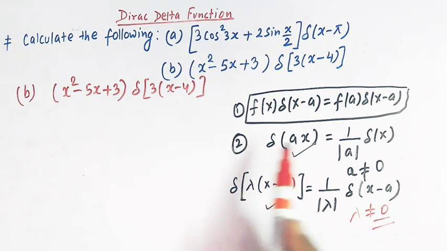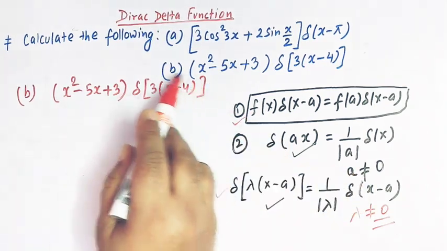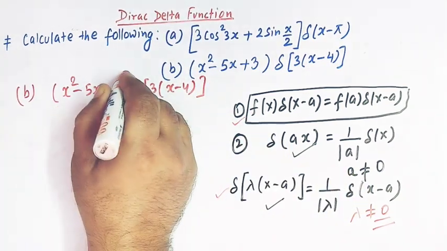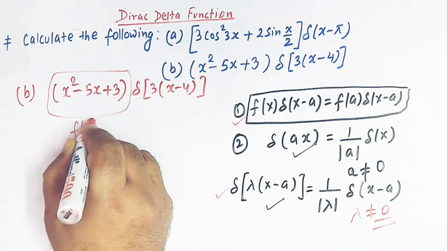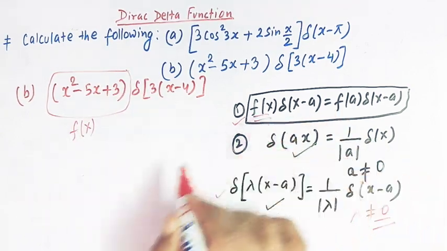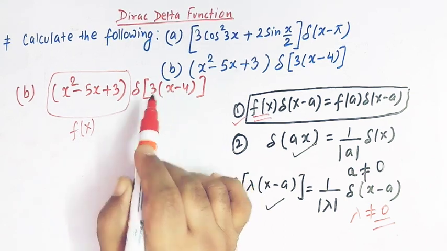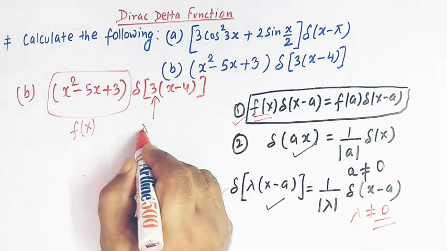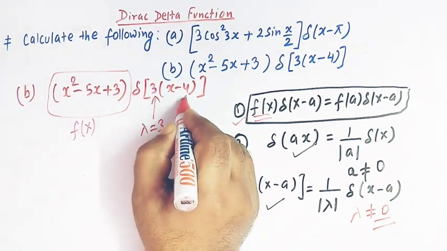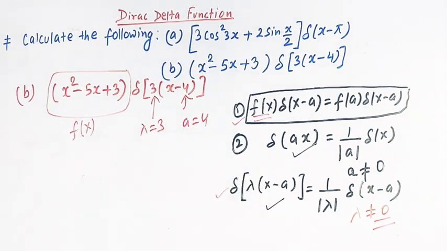So these two properties will be used to get the value of this expression. Here this function can be assumed to be f of x, and we have delta of 3 times x minus 4. So the value of lambda is equal to 3, and the value of a is equal to 4.